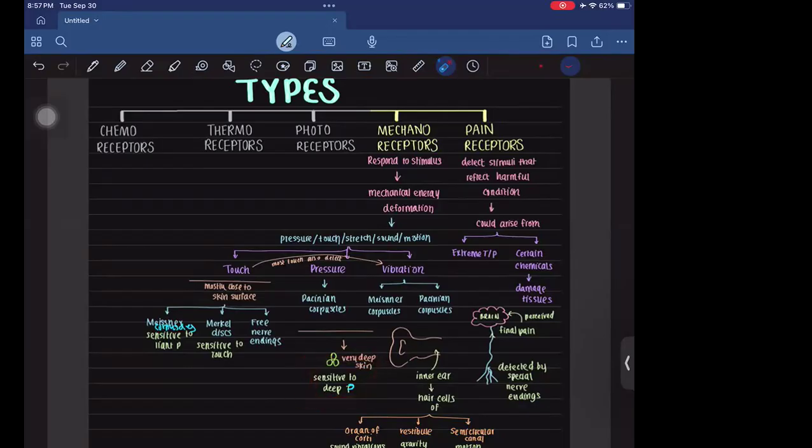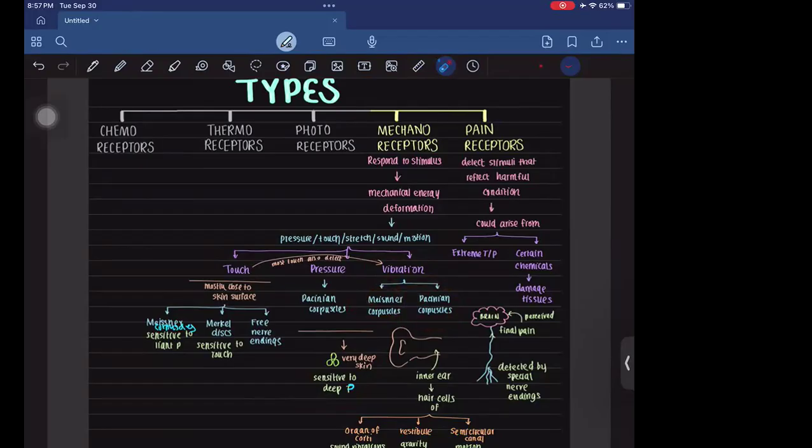Okay, and then finally we have the vibration receptors. So most of the touch receptors will also be able to detect vibration. For example, Meissner corpuscles and Pacinian corpuscles are also detecting vibration.